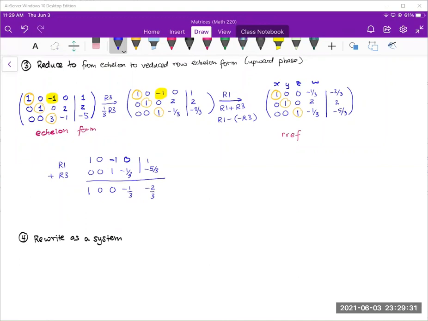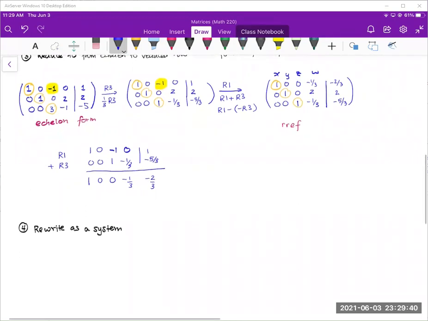Okay. So now that we have our system into the reduced row echelon form, we can rewrite it as a system. Okay. So the way we read this off, again, remember that these numbers to the left of the augment represent coefficients of our unknowns. So this tells us we've got 1 x, 0 y's, 0 z's, and negative 1/3 w's.